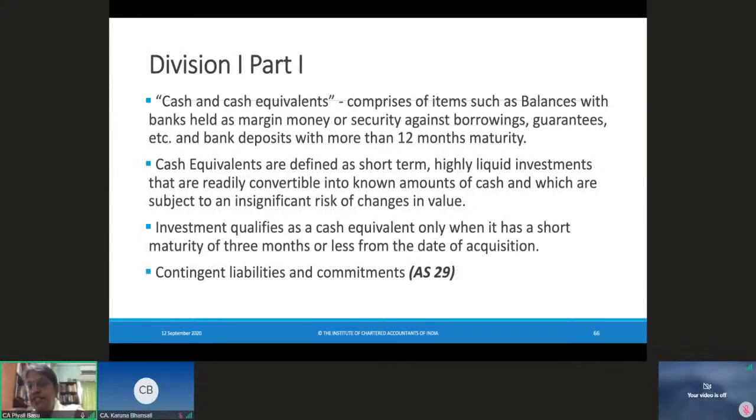If you see the balance sheet, after the shareholders' funds comes the reserves and surplus, share capital, and money received against share warrants. Let me explain, because here the company has received the money for share allotment, but the share allotment has not been made.